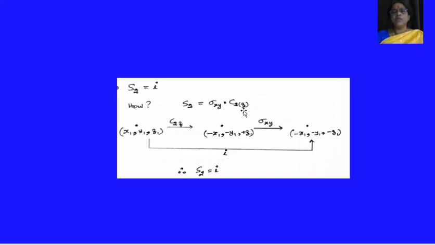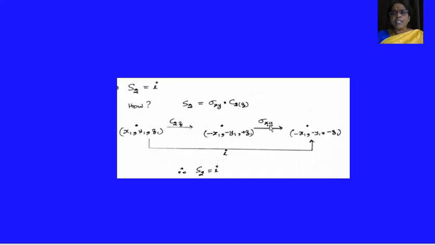Therefore, S2 is rotation followed by reflection. If we are rotating through the Z axis, the reflection is through a plane which is perpendicular to this Z axis, the xy plane. Therefore, if we choose a point x1, y1, z1, while we are rotating through C2z, z will not change its position, but x and y will change their sign.